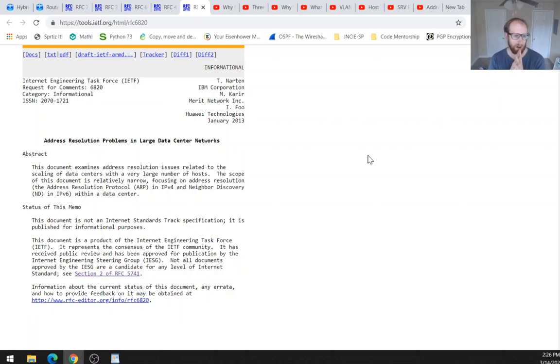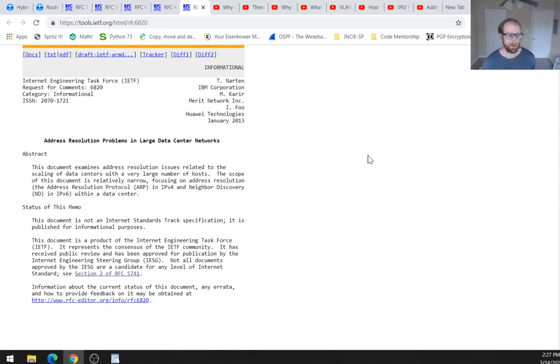But this is Address Resolution Problems in Large Data Center Networks. Abstract. This document examines address resolution issues related to the scaling of data centers with a very large number of hosts.